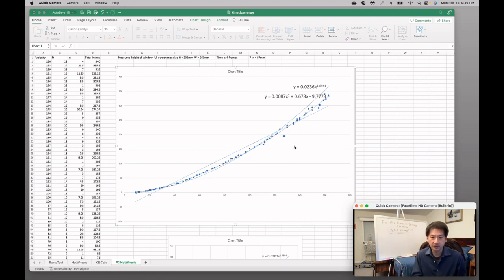But maybe not, or it may be that a reason why this isn't fully x squared is also because perhaps there is some nonlinearity with the distance acting as a proxy for kinetic energy. So I'm trying to come up with some other experiments to show the extent of that effect.